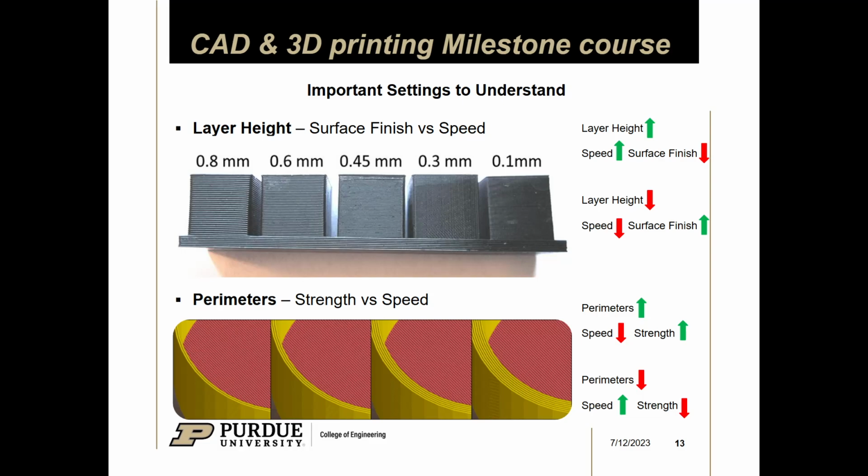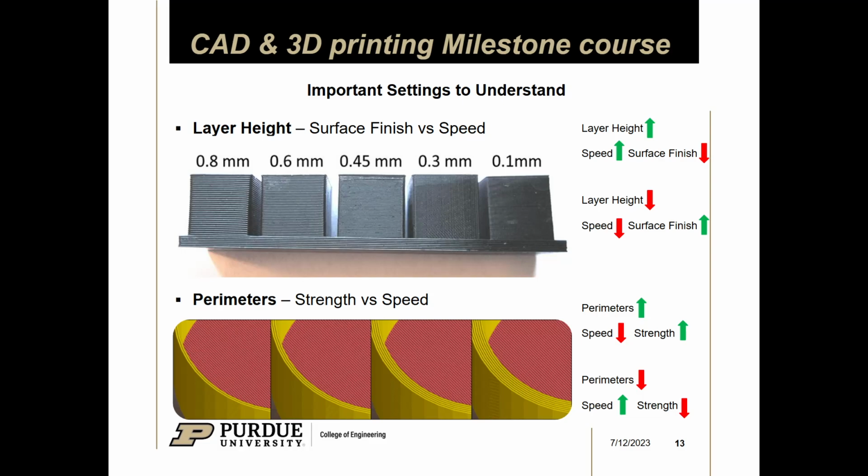And you can see here on the left, there's a very coarse layer height of 0.8 millimeters, and then on the right, it's a very fine layer height. You see the very coarse layers are very visible because they're taller. So if you want something quick and dirty, you can just crank up your layer height, and it'll make your part, but it won't be pretty. But if you want it super nice, you can make your layers very small.